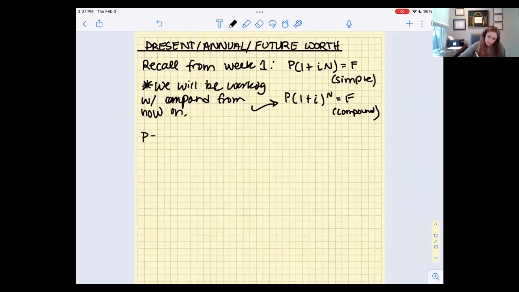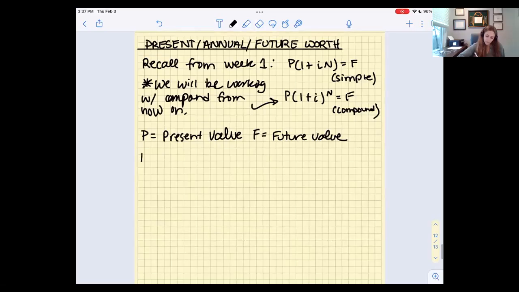So P stands for present value. F stands for future value. And then remember, we did already talk about how A stands for an annuity or some like annual payment.